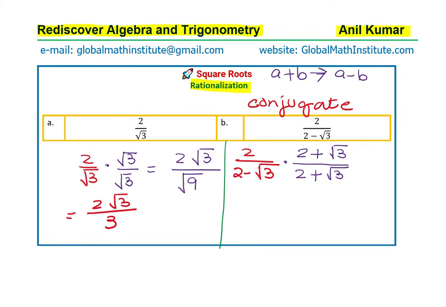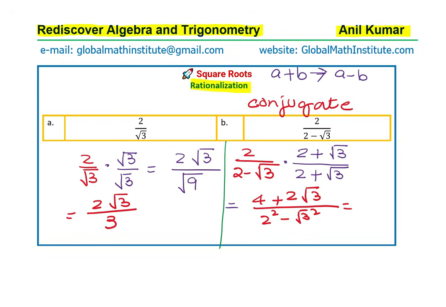However, what has happened here is that in the numerator, 2 multiplied with 2 plus square root 3 will give you 4 plus 2 square root 3. And the denominator, a plus b times a minus b is a square minus b square, which is 2 square minus square root 3 square, which is 4 minus 3.